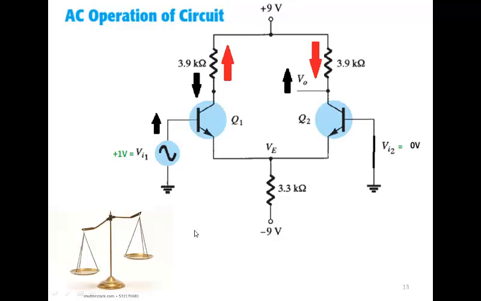Now for the time being, if we assume that this current remains constant, that is it is not changing, we will see that actually this does happen, that for this case the current remains constant and is unaffected.